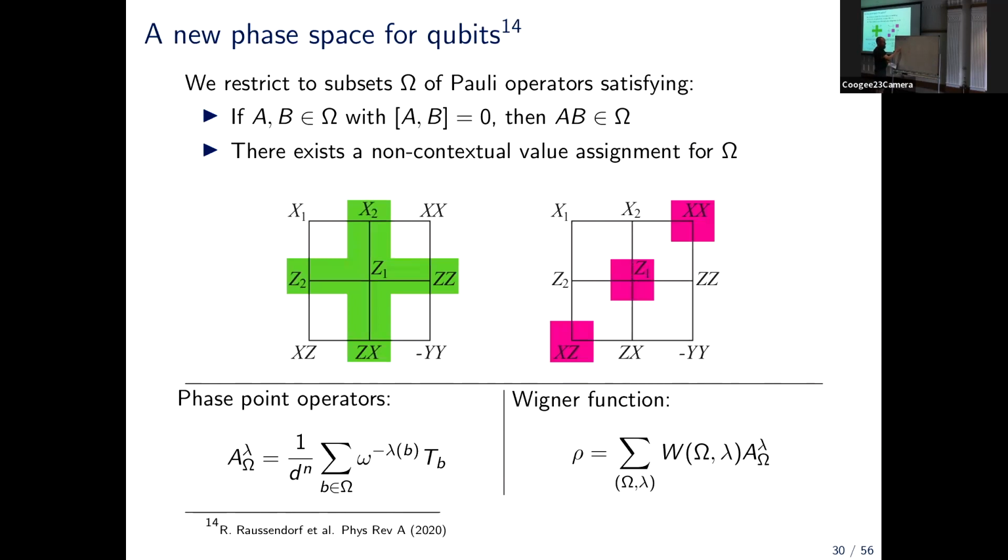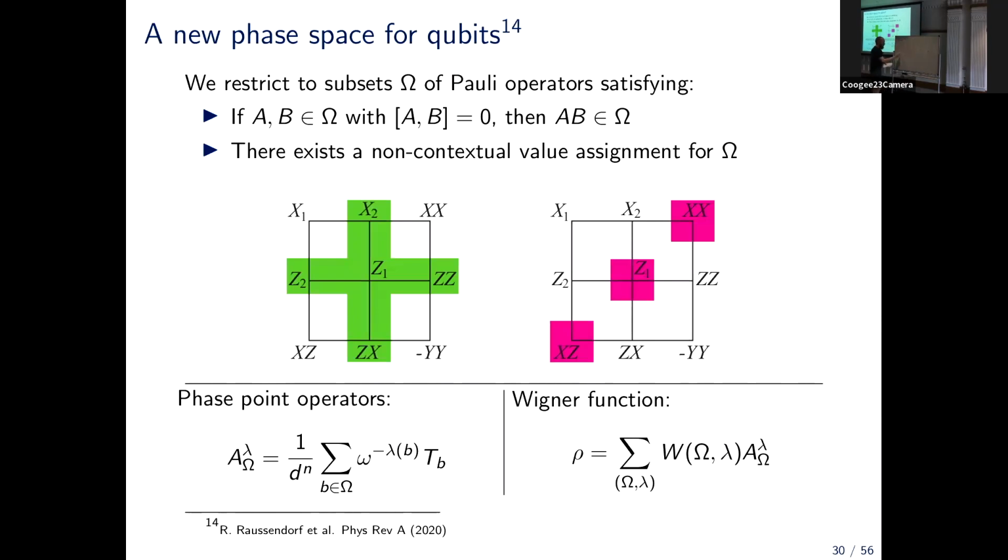So for each edge here, you have an operator given by the product of the operators on the vertices. So, for example, this edge would map to Z1. This edge maps to YZ. And whenever you have two edges that share a vertex, you have an edge between those two in the line graph picture.